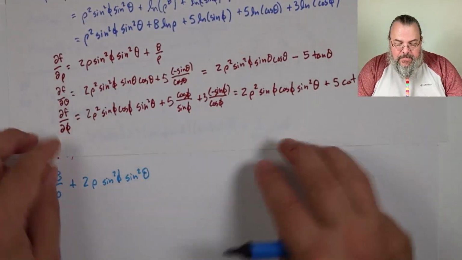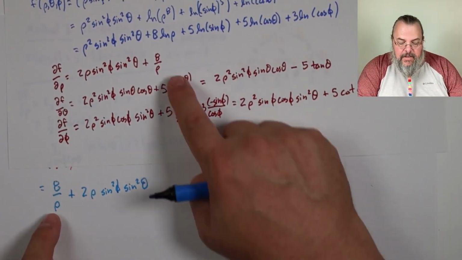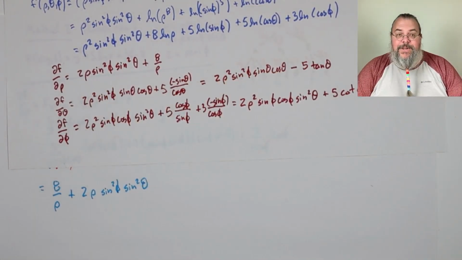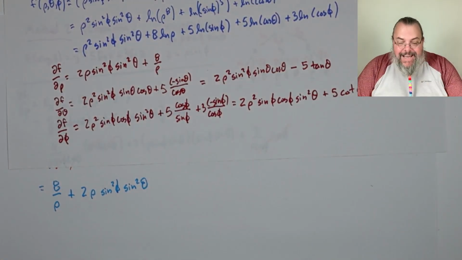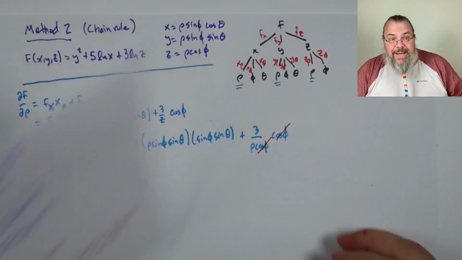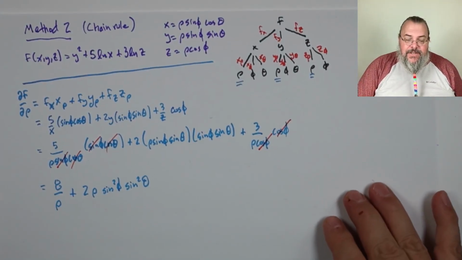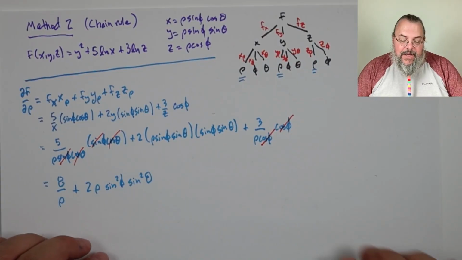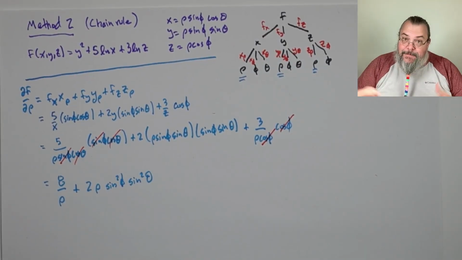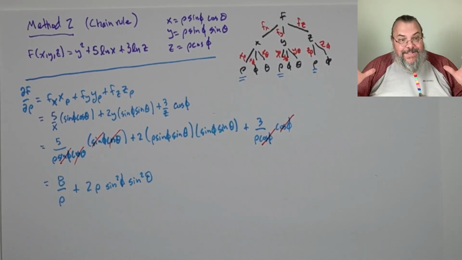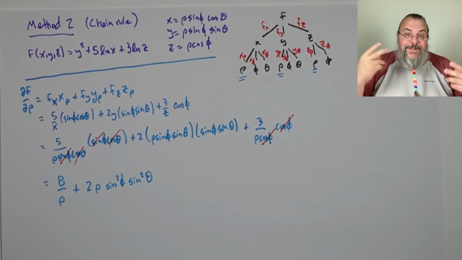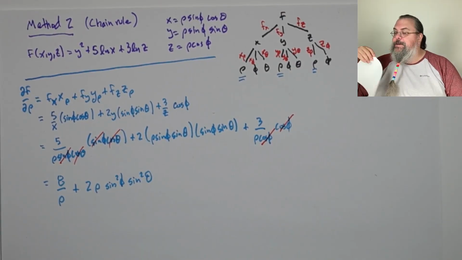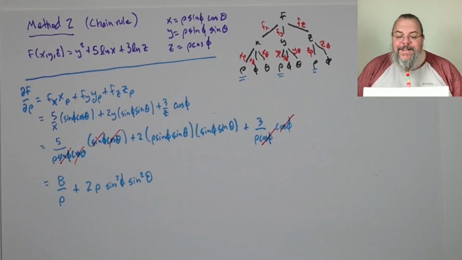Partial f, partial rho, we said 8 over rho, 2 rho, sine squared phi, sine squared theta. They matched. Of course they're going to match, because we're still finding the same thing. We're just using different methods. And at this point, you're like, I prefer method 1, because we haven't even done 2 of our derivatives. That's okay. We have more paper.